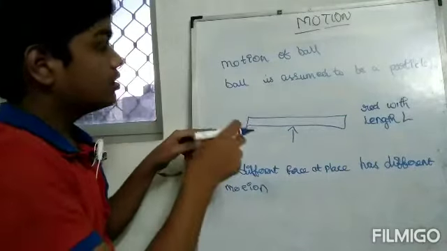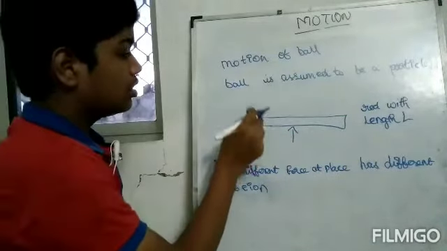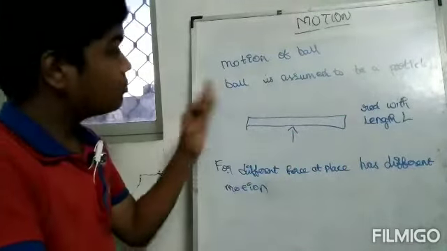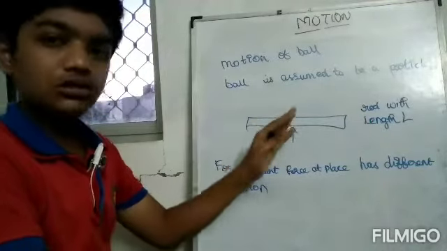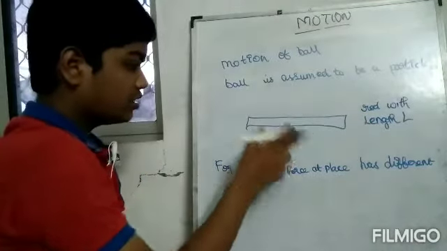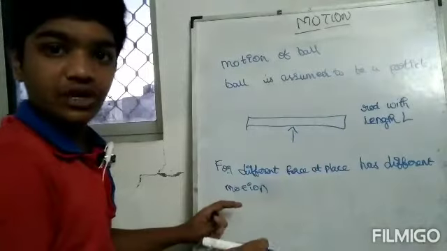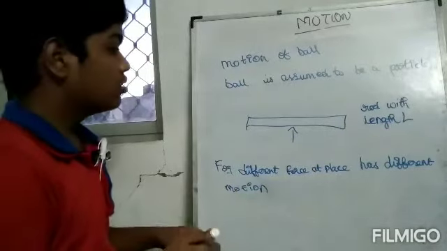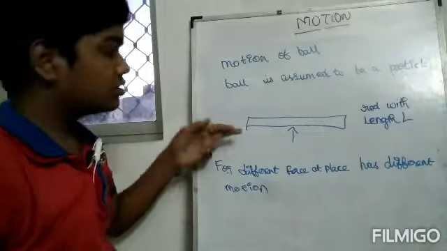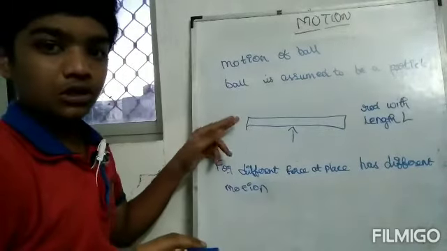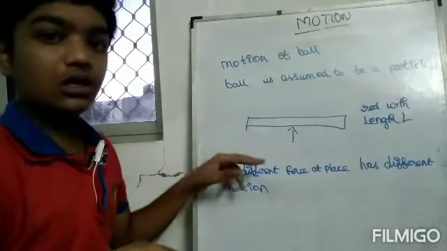So in motion, this rod is not assumed to be a particle, because in different places it has different motion. We will discuss the motion of a rod in later classes.